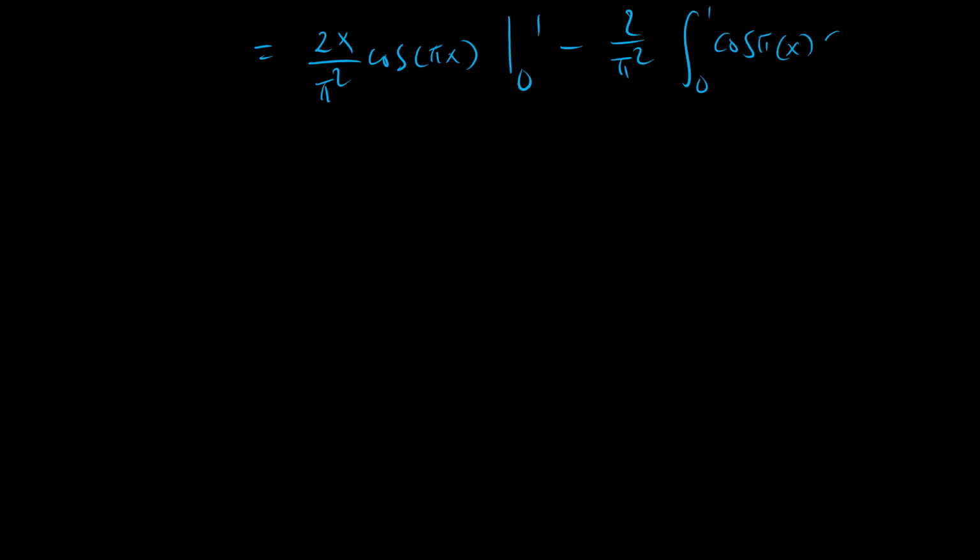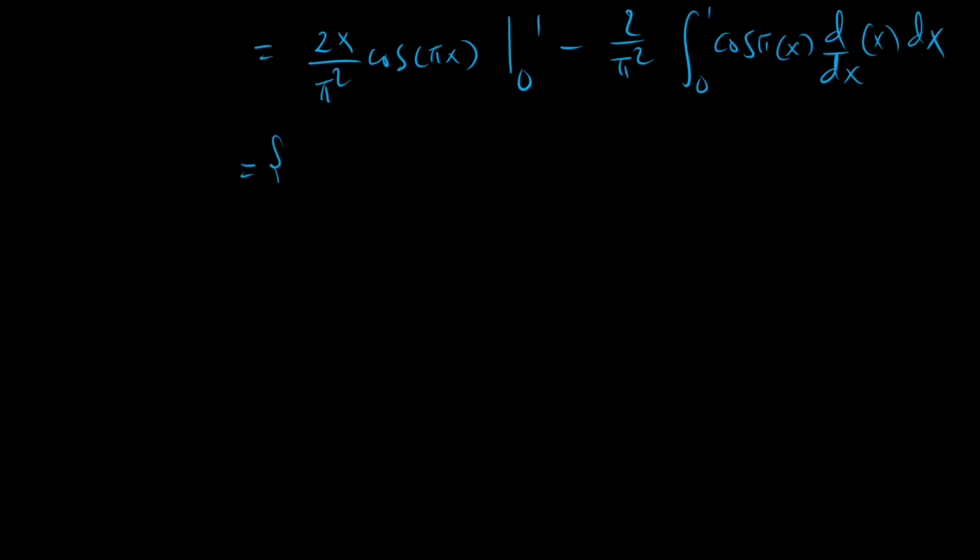So we've come to a point where we have 2x over pi squared cosine pi x from 0 to 1 minus 2 over pi squared, integral from 0 to 1 of cosine pi x, the derivative of x.